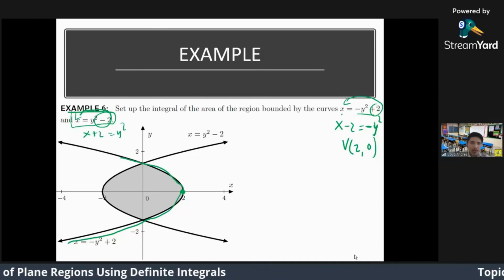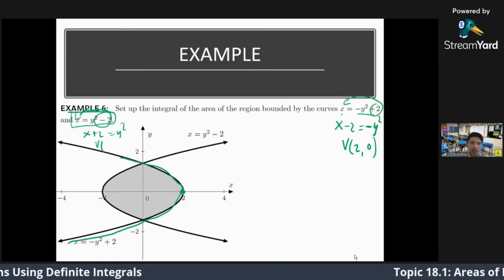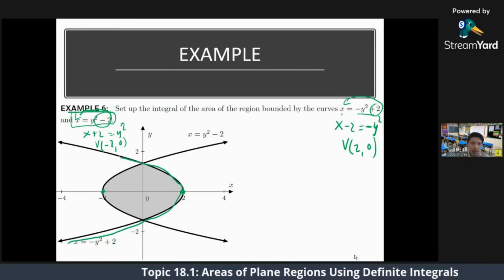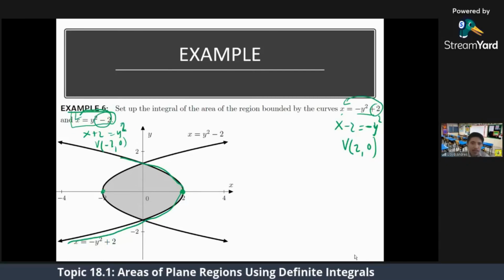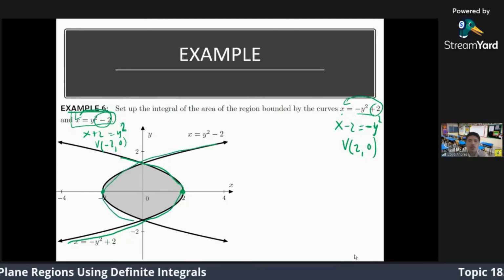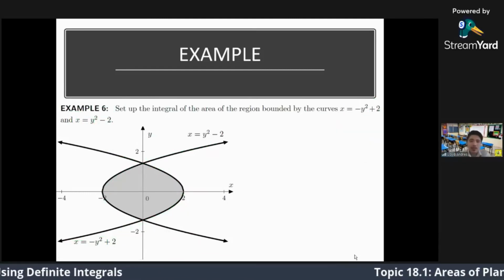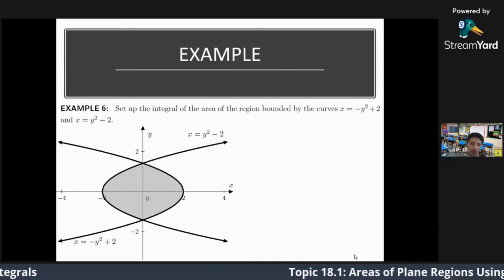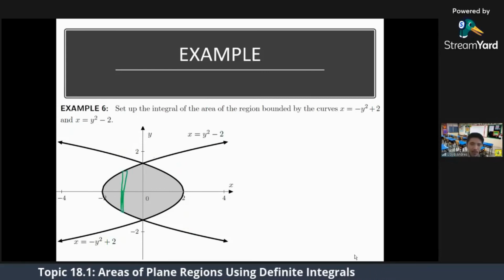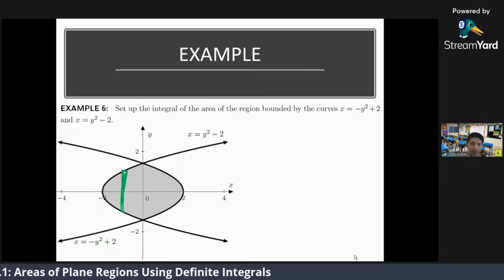The vertex this time is negative 2, 0. Since it is y squared and positive, it opens right. So that is what the shape looks like. The point is, if we use the vertical method, upper curve minus lower curve, there is no problem.